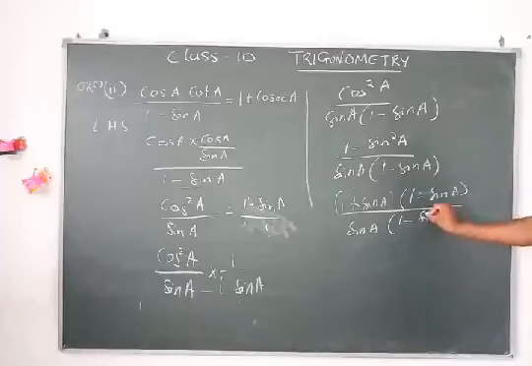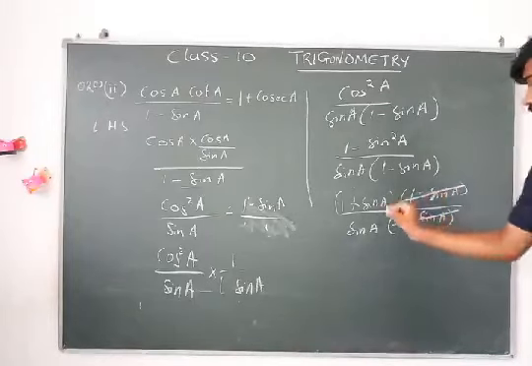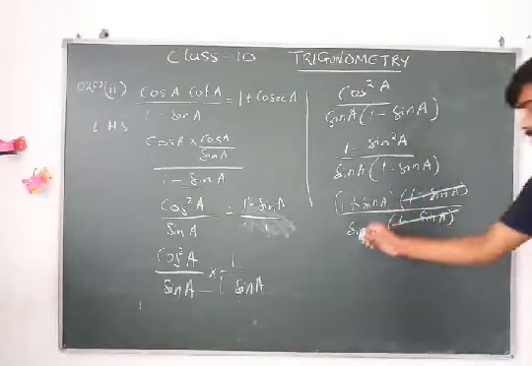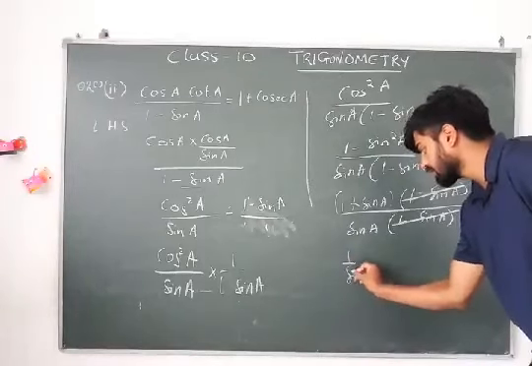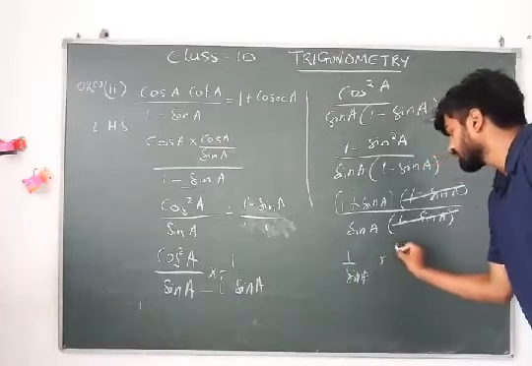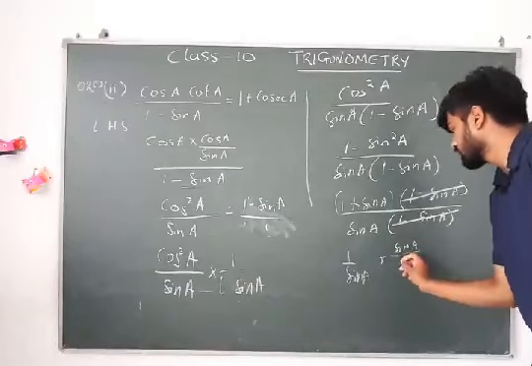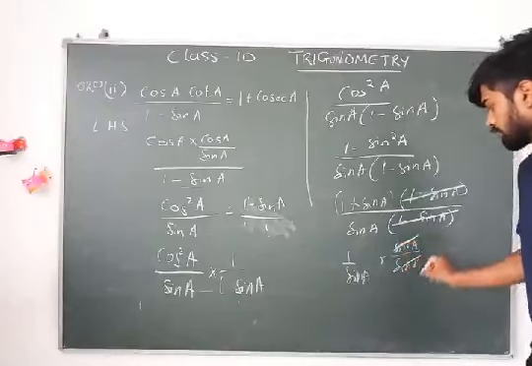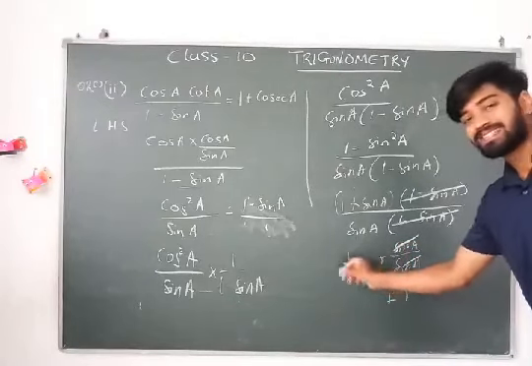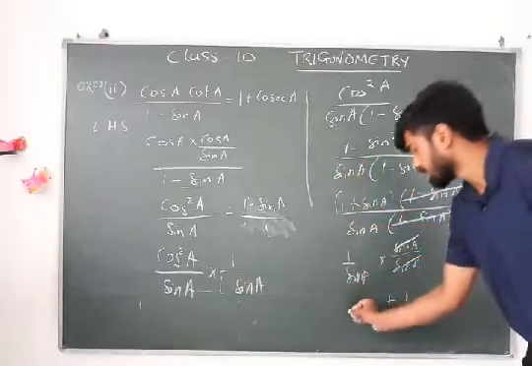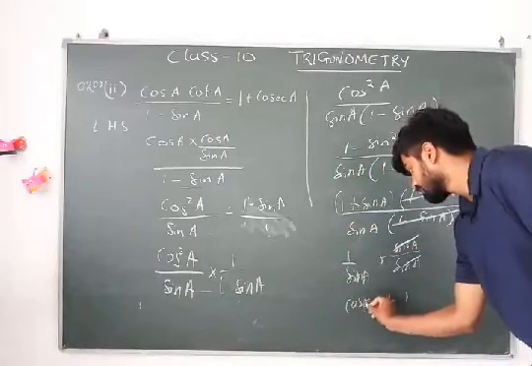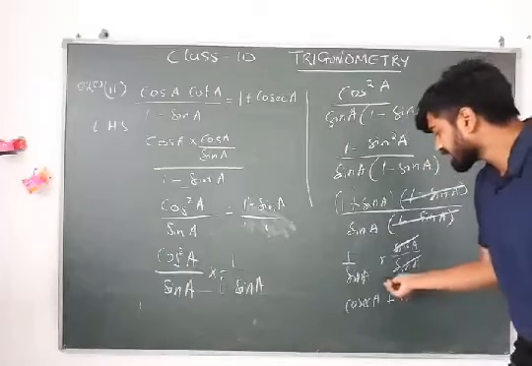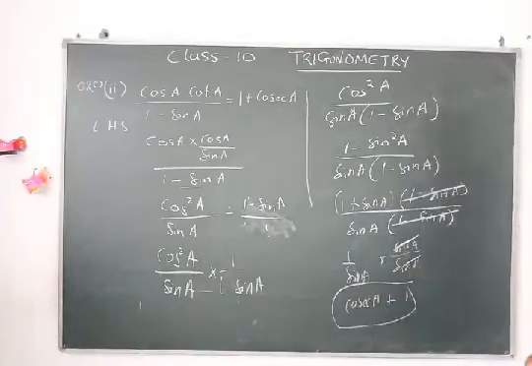Okay, so now I can see that when there are multiplications in the middle, I can cancel things out. I can cancel this and this out. So what is left with me? 1 upon sin A, I'll divide sin A to both, plus sin A over sin A. So this can get cancelled out and 1 will come, plus is in the middle, and this can be written as cosec A. So if you see the left hand side, the answer that I got is cosec A plus 1.